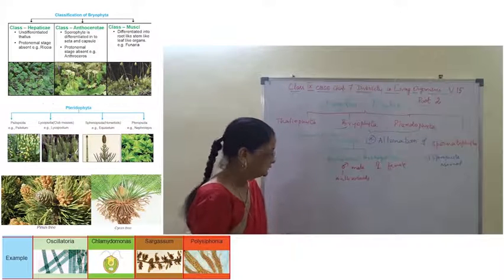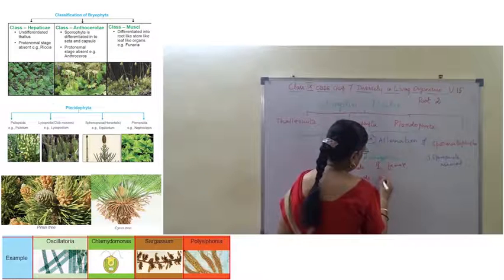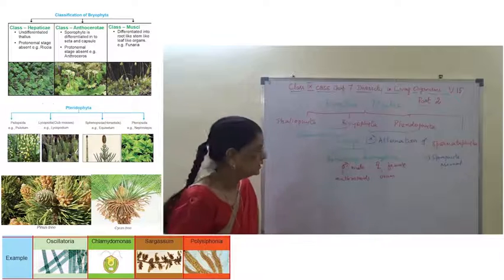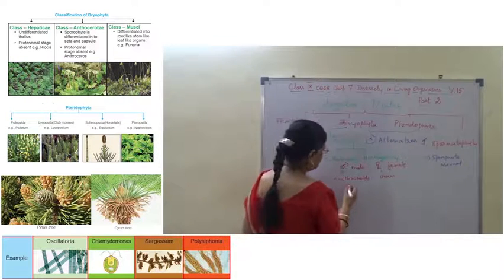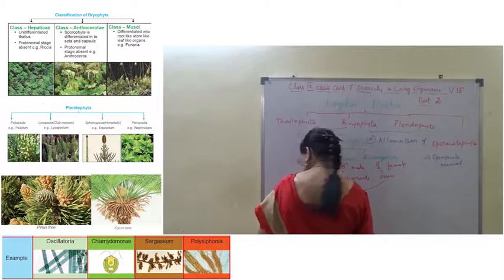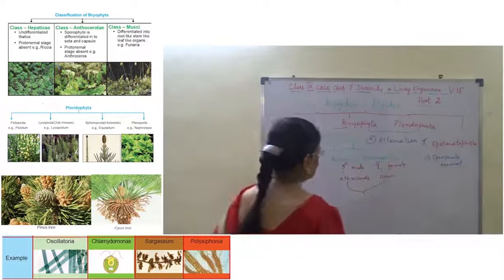Whereas the archegonium produces the ovum. We can say ova, right? And then the antherozoid and the ovum fuse. We do not even say ovum, it is egg. It produces the egg.